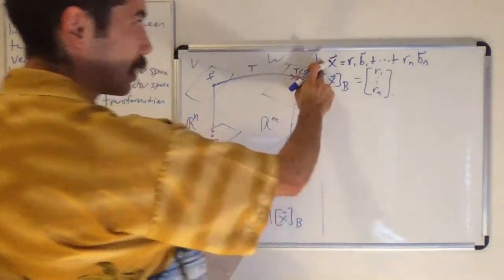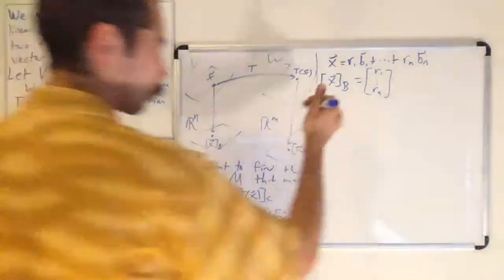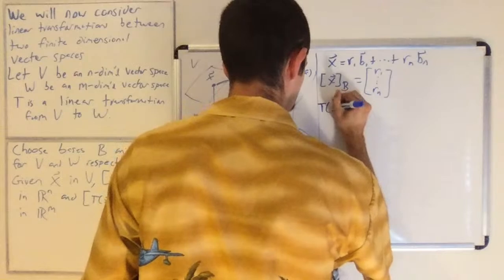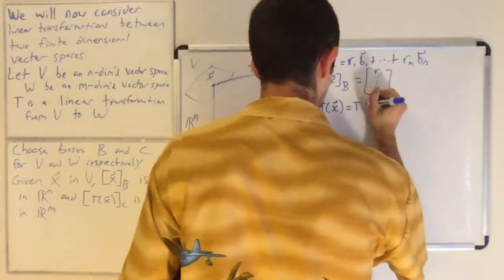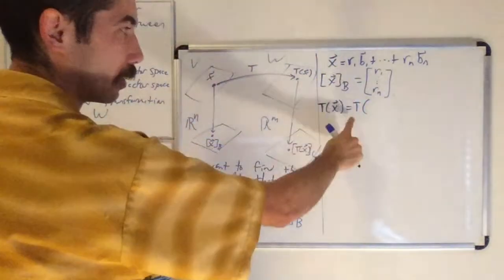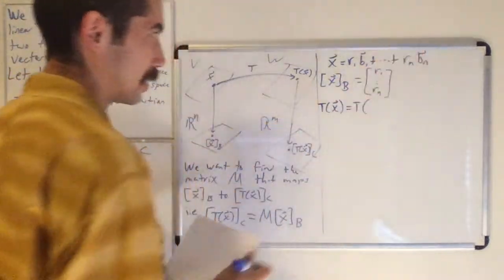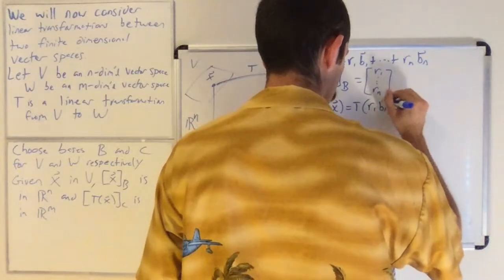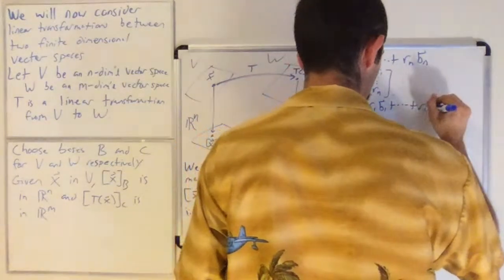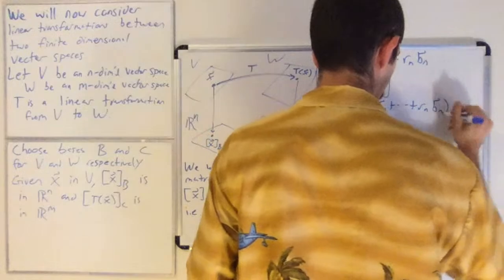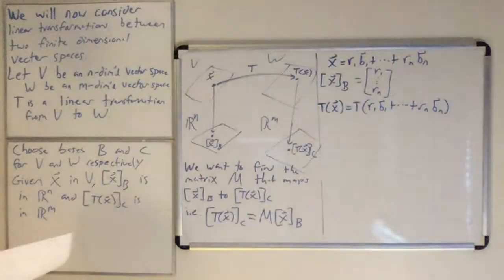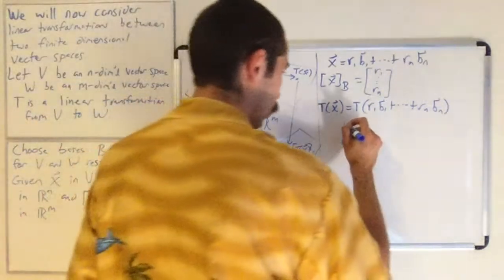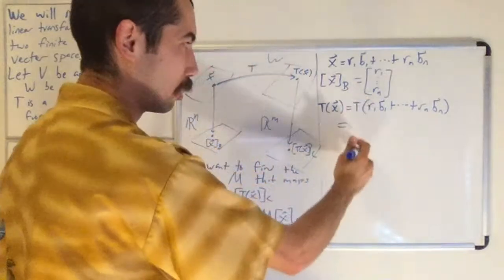So if we evaluate our linear transformation to X, that's evaluating the linear transformation to this right-hand side. Which I claim, and now in the comments, tell me why this is true.